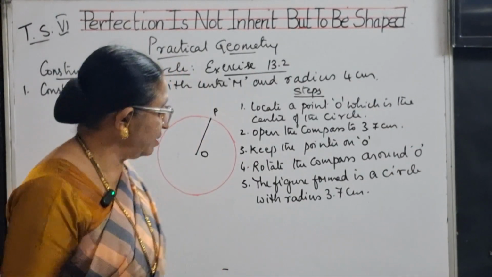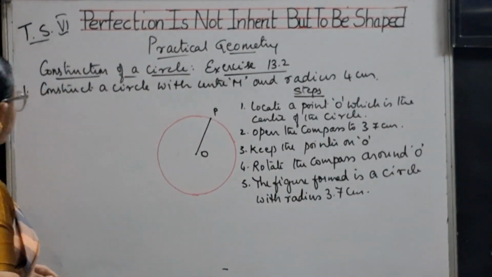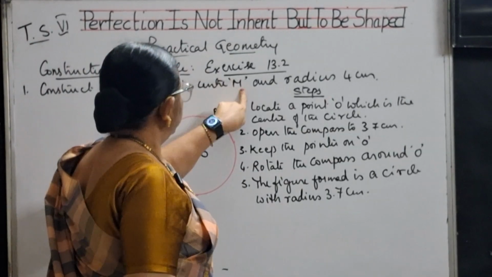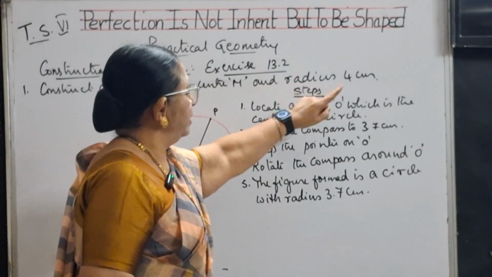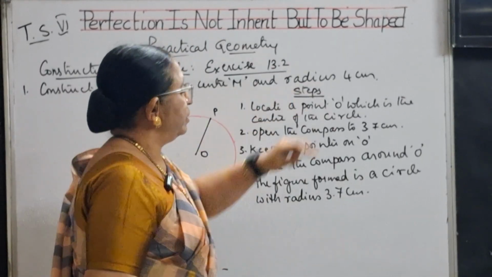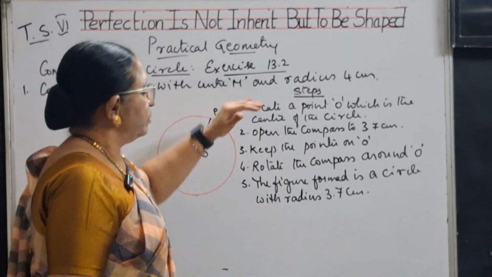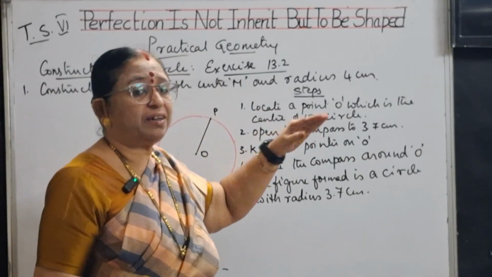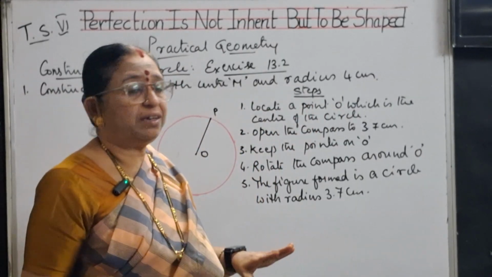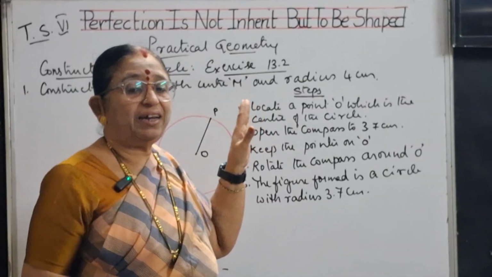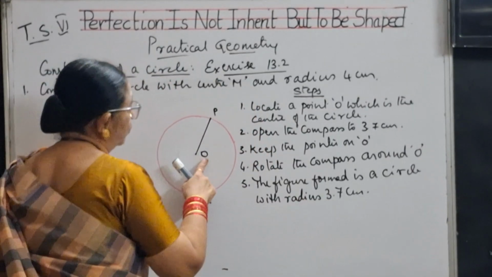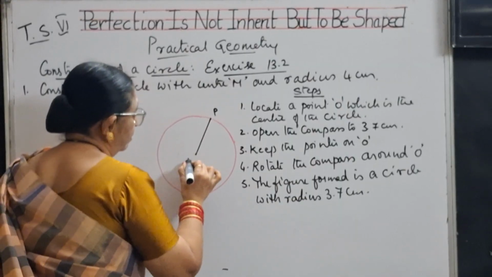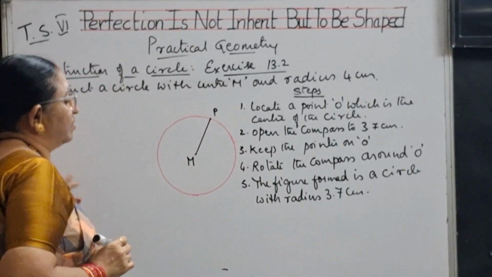Now the exercise 13.2, first one is, construct a circle with the center M and radius, sorry children, radius 4 centimeters. So this construction is same as that of the earlier construction, but the difference is, earlier I have taken center O, so I should convert it into M. See children, very easily you can do this construction.